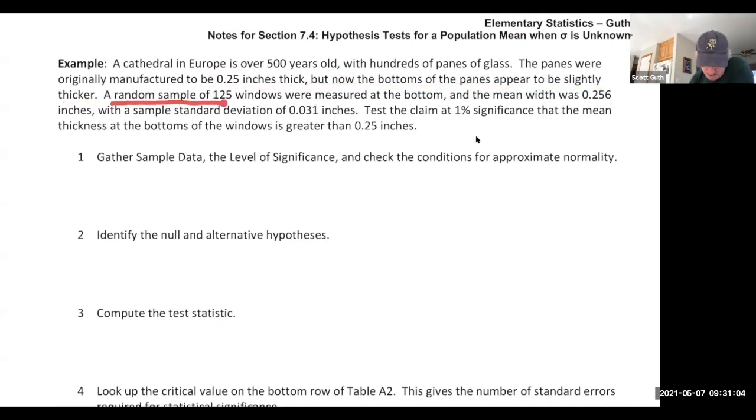A random sample of 125 windows were measured at the bottom, and the mean width was 0.256. Well, that's not much thicker. Is it significant? I don't know. With a sample standard deviation of 0.031 inches. Test the claim at 1% significance that the mean thickness at the bottom of the windows is greater than 0.25.